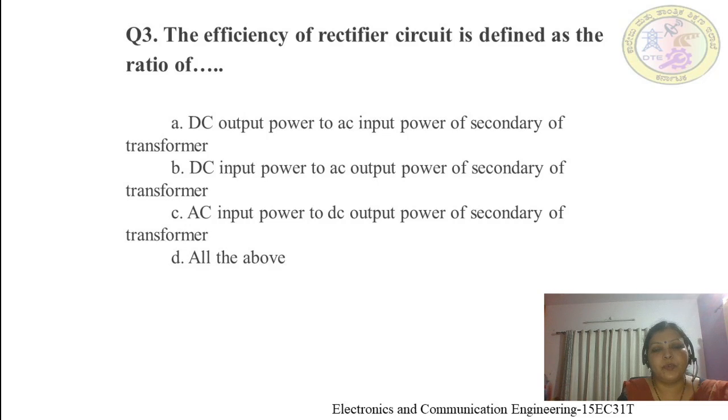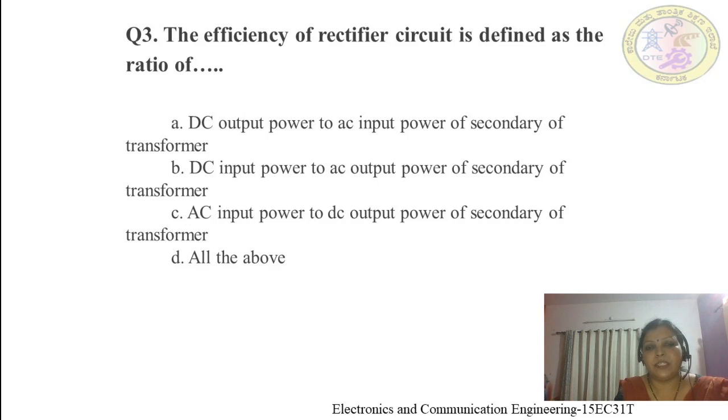Okay, moving to the third question. The efficiency of a rectifier circuit is defined as the ratio of... I already discussed this: efficiency of any circuitry or device, in a general way, is nothing but output to input. So here, what is output?